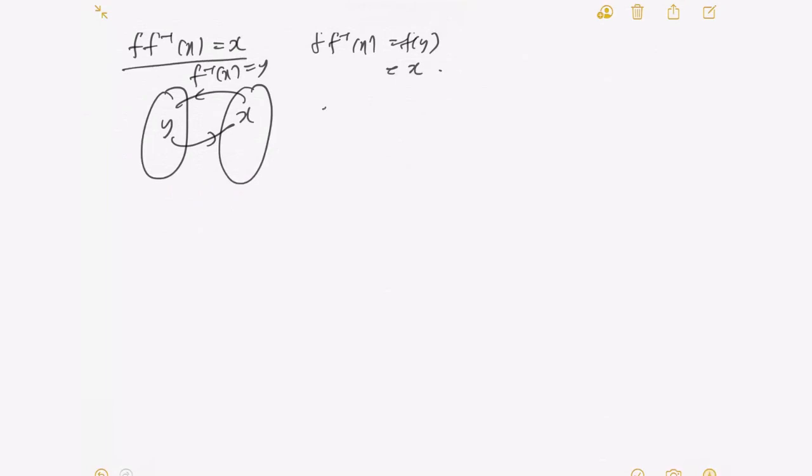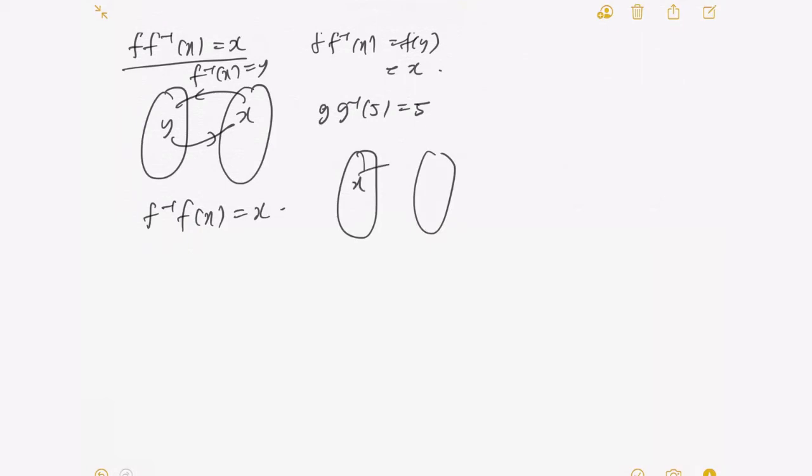So for example, I may give you g inverse g of 5. The answer is just 5. Now, on the other hand, what happens if I give you f f inverse x? Well, it's the same thing. You still get x. Why? This time I start with x. I move backward here, and I get y. Starting from y, I go forward, f y.